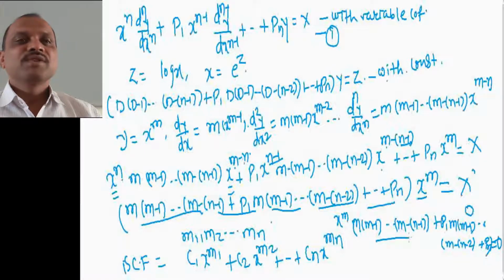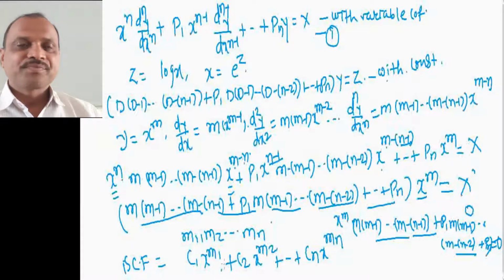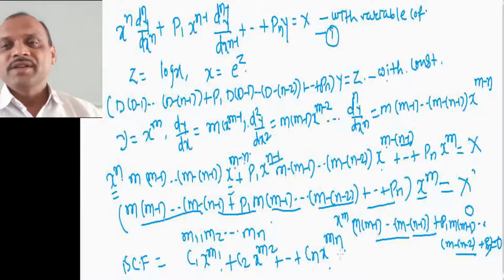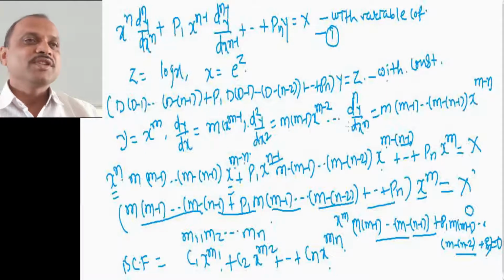From this expression we get n roots, m1, m2, up to mn. So if these are the n roots of this equation, then c1 into x raised to m1 plus c2 into x raised to m2 plus up to cn into x raised to mn is the complementary function.